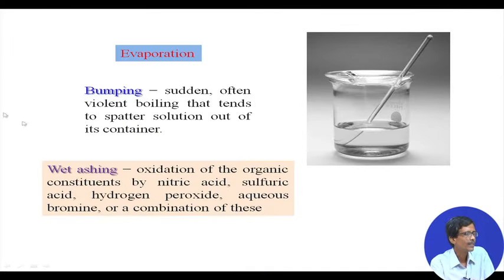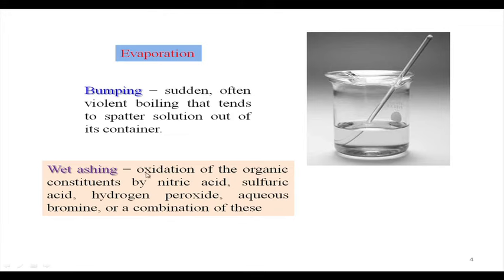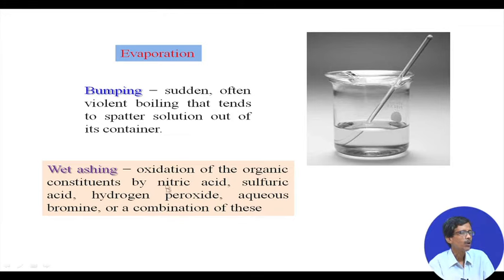So, one such example is our wet ashing. This wet ashing is nothing but if we have some organic constituent in the material we are handling, we have to oxidize that particular organic material, because the organic material, we all know, is formed from carbon, hydrogen and oxygen, and if we are able to oxidize it by nitric acid, it can be converted to carbon dioxide and water.